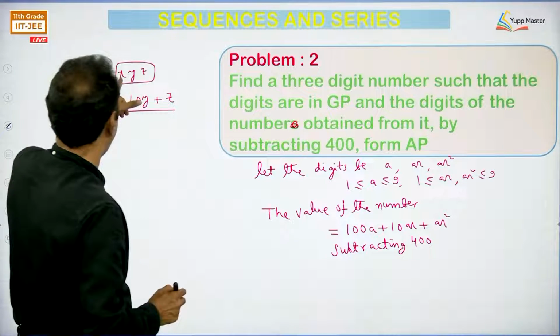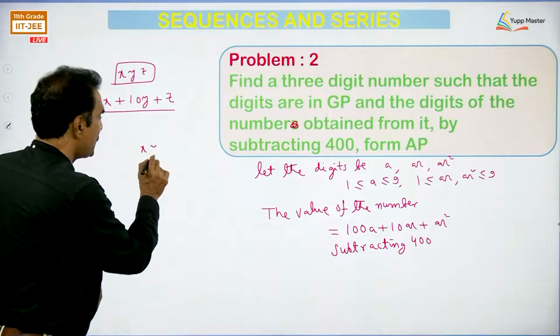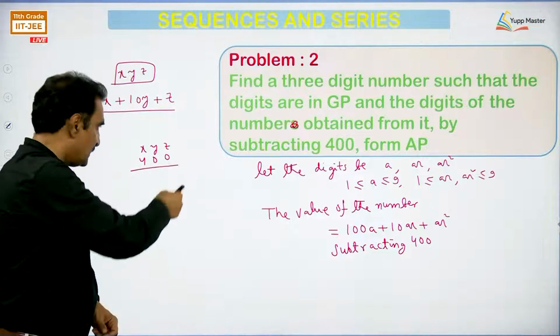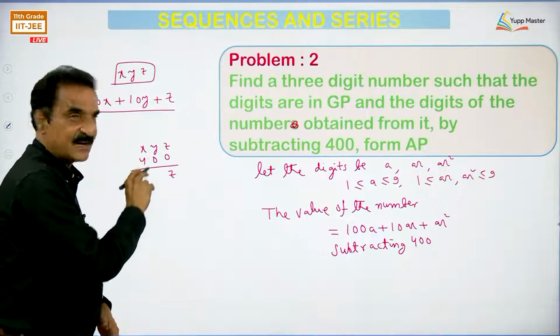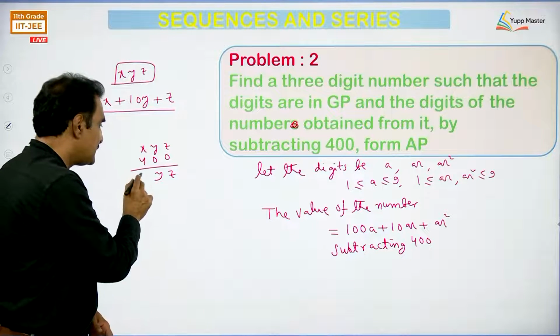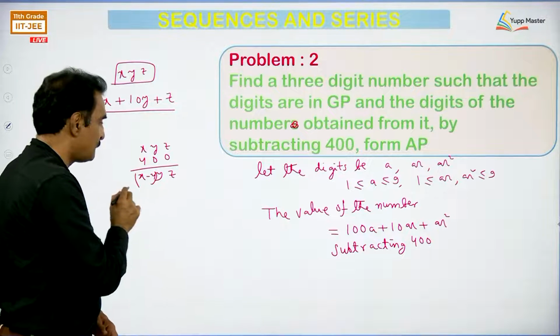When we subtract 400 from a 3-digit number, what happens? On subtracting, z remains as it is, y remains as it is, and the first digit x becomes x minus 4.